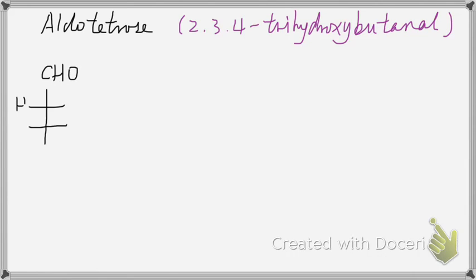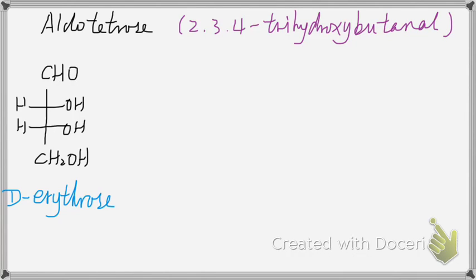Moving on, next we will take a look at aldyl tetrose. 4 carbon atoms with an aldehyde functional group. The IUPAC name for aldyl tetrose will be 2,3,4-trihydroxybutanal.